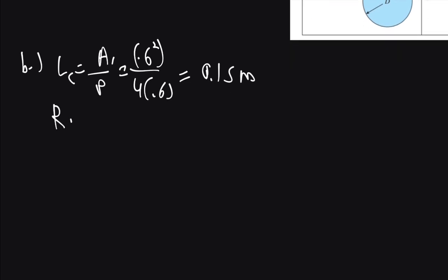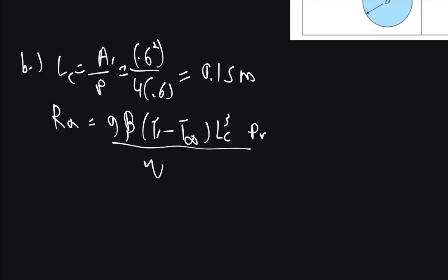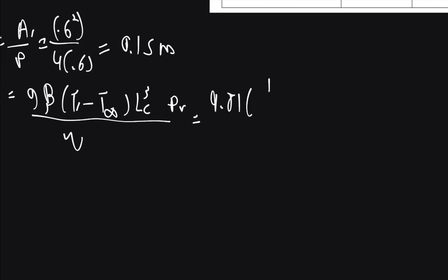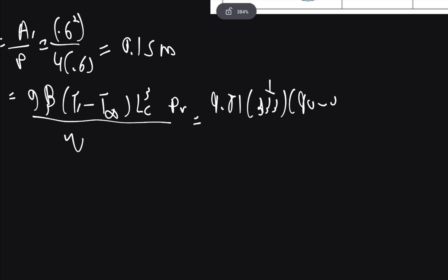we can calculate this Rayleigh number. g beta (Ts minus T infinity) Lc cubed, times the Prandtl number, over the kinematic viscosity squared. 9.81. One over 333. 90 minus 30. 0.15 cubed.